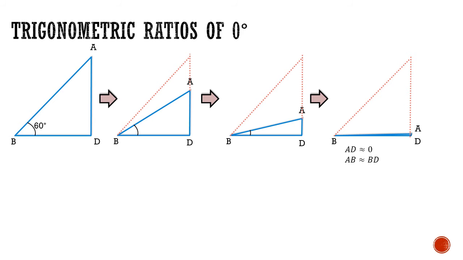So what values will you be getting for the trigonometric ratios? Let us see. Sine 0 will be equal to 0, because now AD is equal to 0. That means your sine of 0 degrees will be 0.